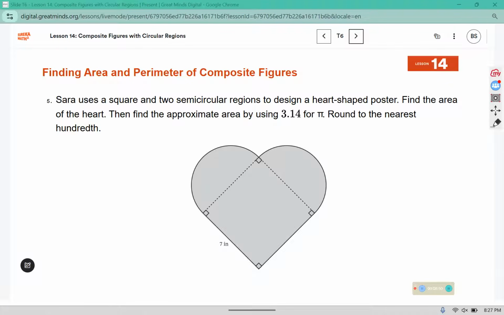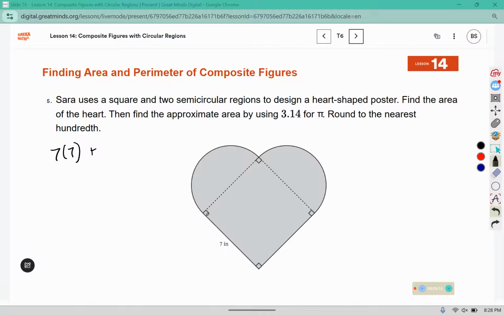Sarah uses a square and 2 semicircular regions to design a heart-shaped poster. Find the area of the heart, then find the approximate area using 3.14 to round to the nearest hundredth. So our square here has a base of 7, and it's 7 tall.